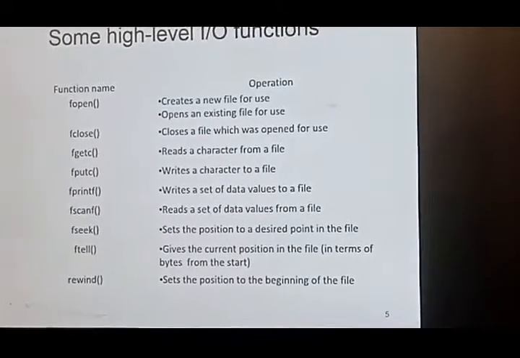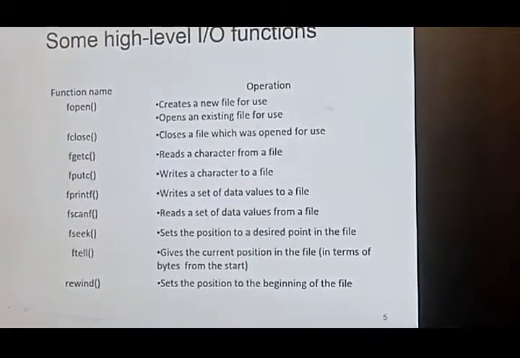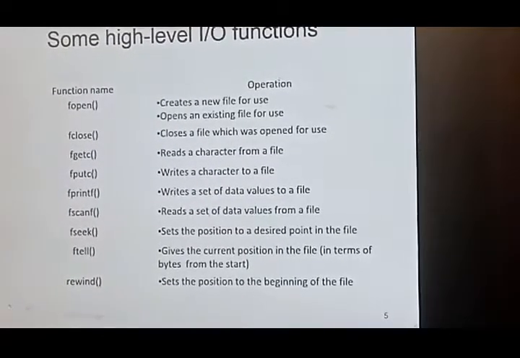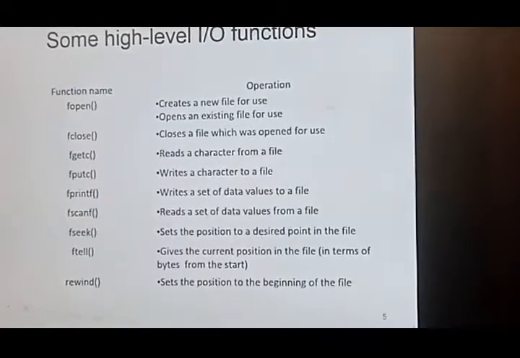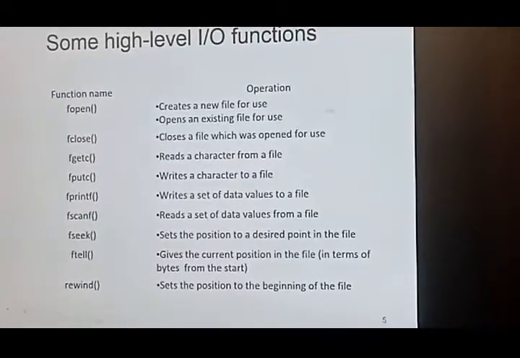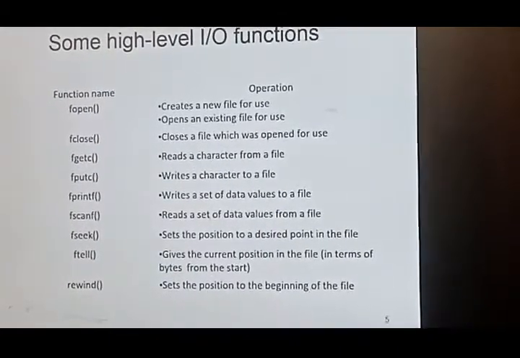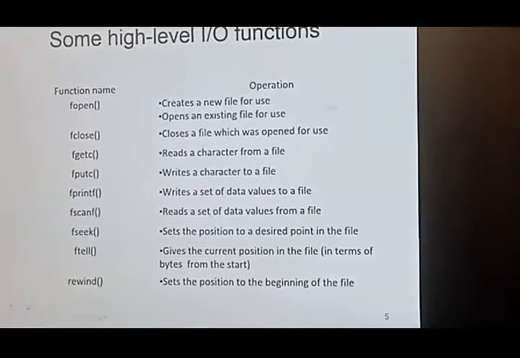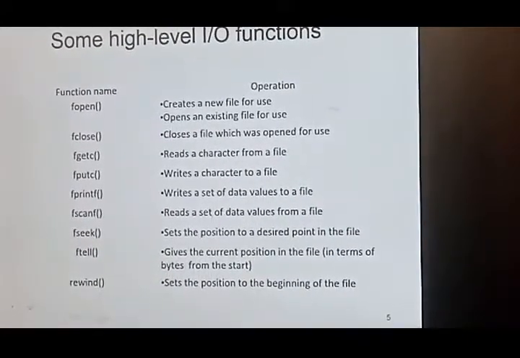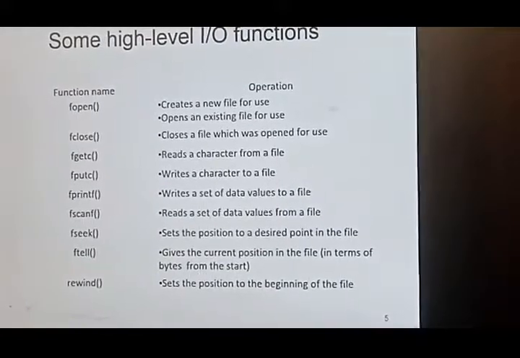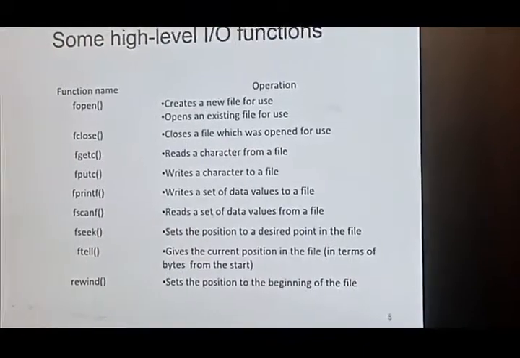In the case of normal functions, we use the function getc. What getc does is take the input character from the keyboard, where you enter the data, and the data will be stored in the variable name. Similarly, putc reads the value from the variable and displays it on the screen.